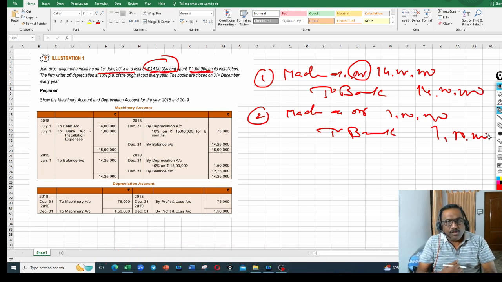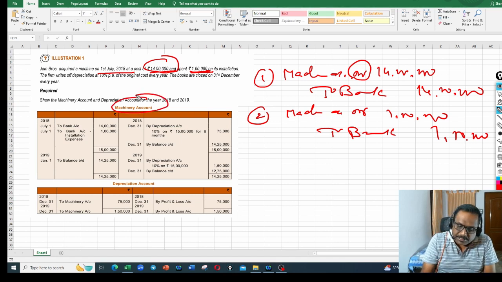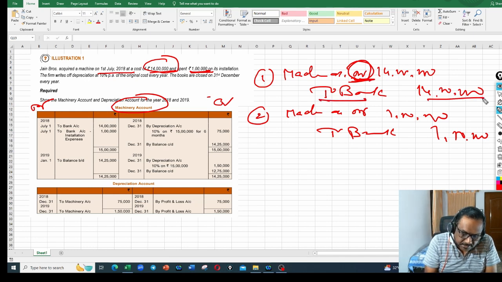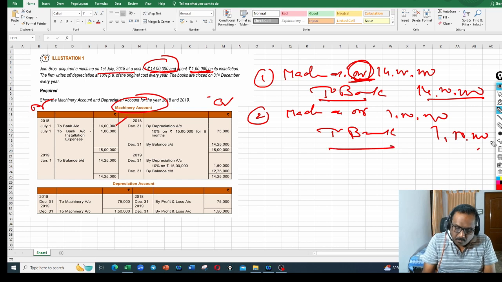Now, when preparing the machinery account, where do we post these transactions? Machinery account is an asset, and assets are debit balances. So we debited the asset account, hence the debit side of the machinery account, with bank 14 lakhs, and to bank 1 lakh.